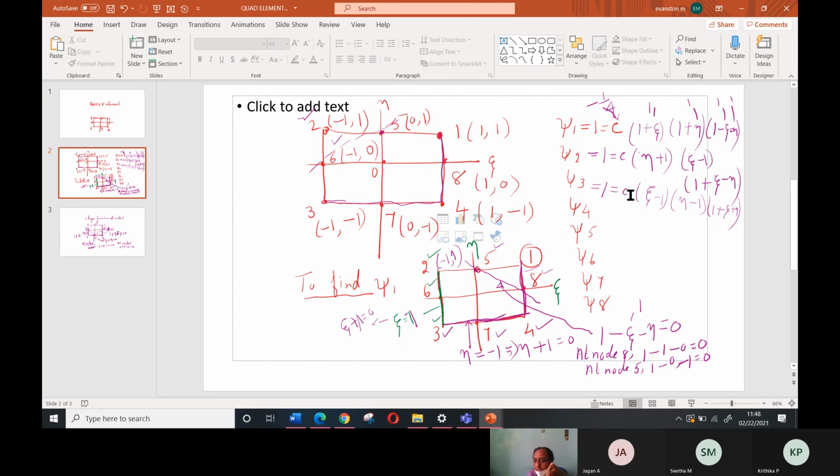Anyone else? Kabir, have you done it? Thamari Selvan? Can you tell me the equation of Xi4?